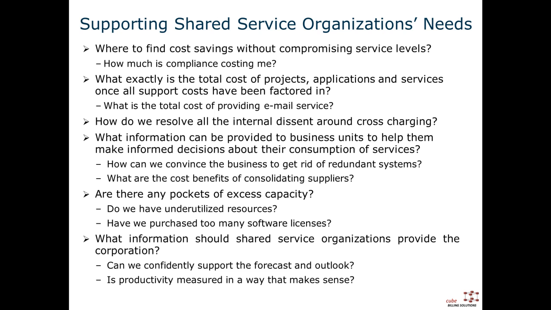The other need we see is excess capacity. Do we have certain components within our organization that are underutilized? And if they're underutilized, what does that exactly mean, and how can we best utilize those resources or move the resources to a level that the company is consistent and happy with at a performance level?